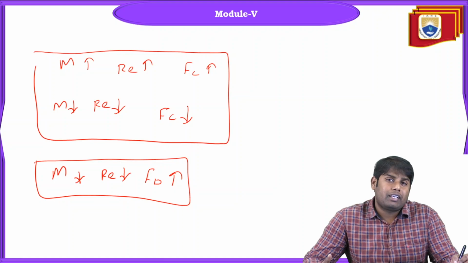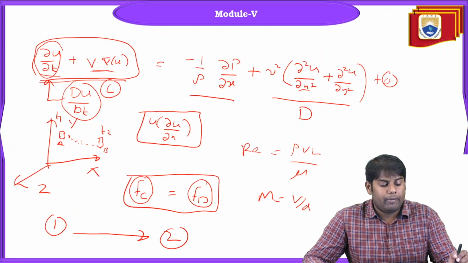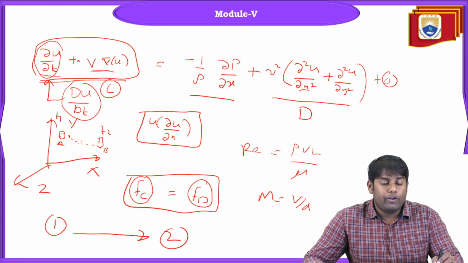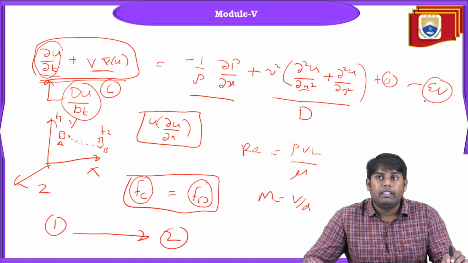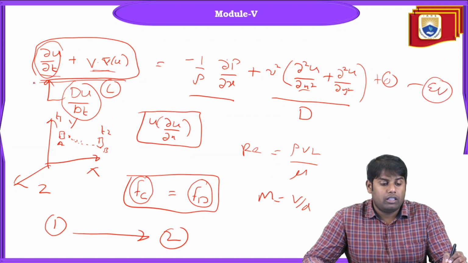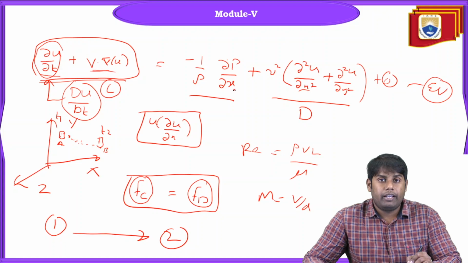Why are we discussing Mach number and Reynolds number? Because these non-dimensional parameters become available when you non-dimensionalize this equation. Non-dimensional in the sense that velocity u is divided by a reference velocity, t by a reference time, pressure by a reference pressure, and x by a reference length.